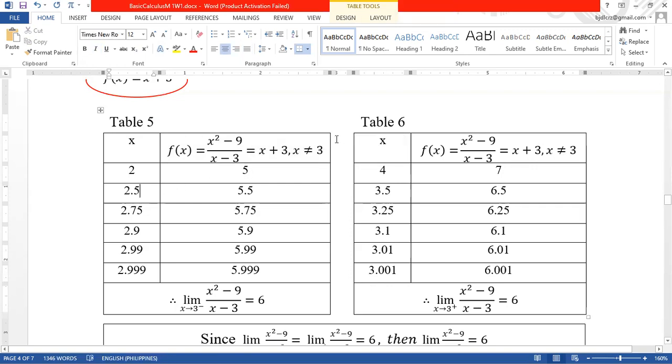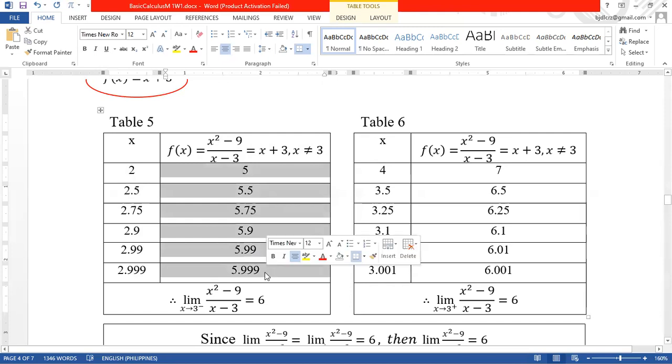Next, 2.5 plus 3 is 5.5, and so on. So as you can see, as x is approaching 3, the behavior of our f of x is approaching 6.